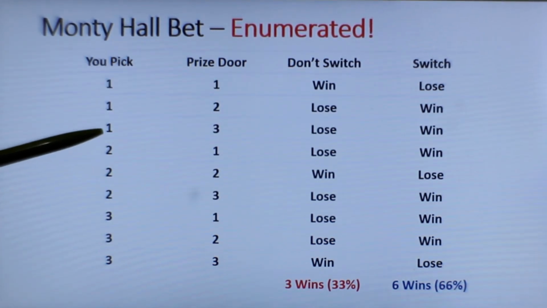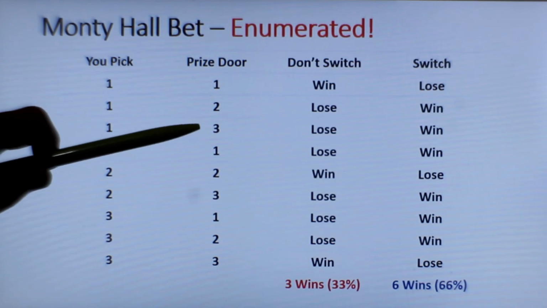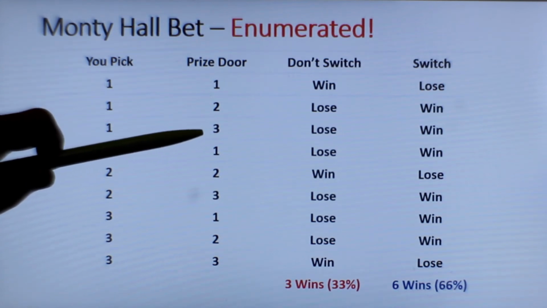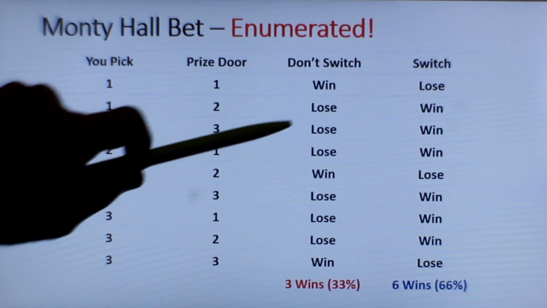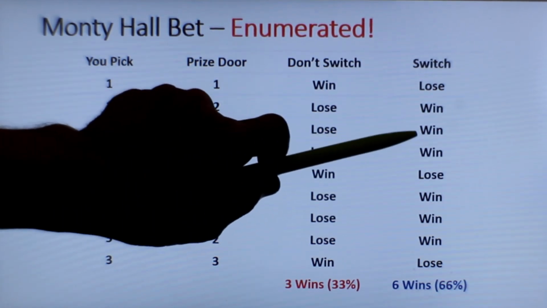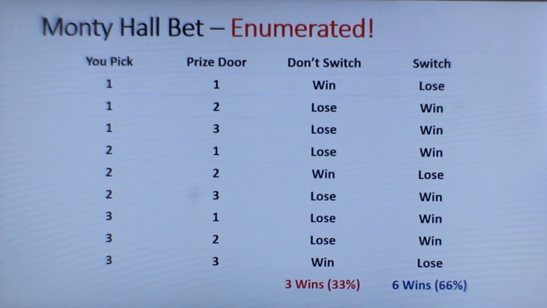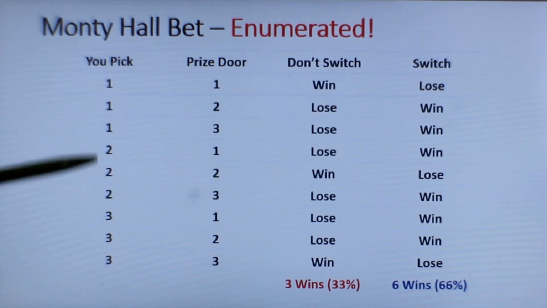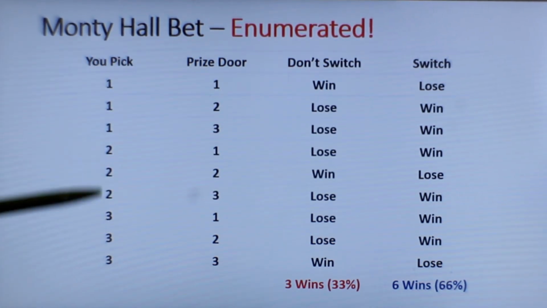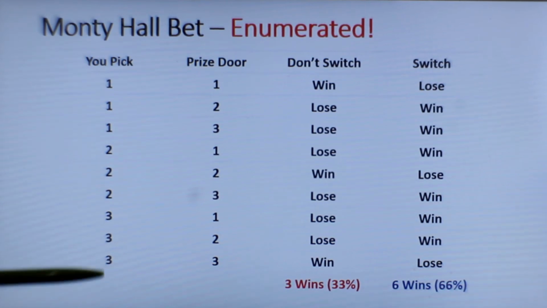And in case the car is behind door 3, he is not going to show you that, and he is going to show only 2, in which case by choosing 3 also, you win. So in the first 3 options, 2 times you win and 1 time you lose. It repeats when you start from 2 and 3. Same way you can understand.